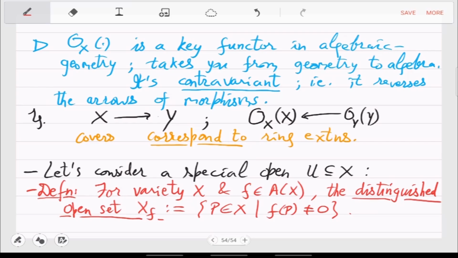So the closed subset will be those points P such that f(P) is equal to 0, and this is the complement of that. So this is the same as X minus Z(f), right. So that's closed, this is open. This is called a distinguished open set, because if you understand these open sets, then you understand all other kinds of open sets. Okay, these are the only open sets you need to study.